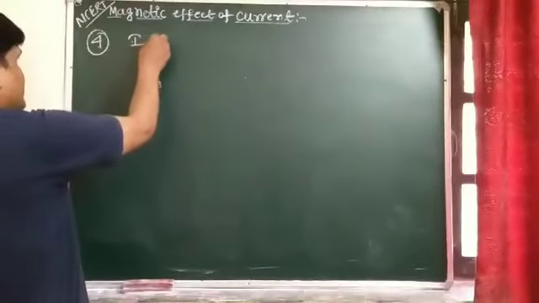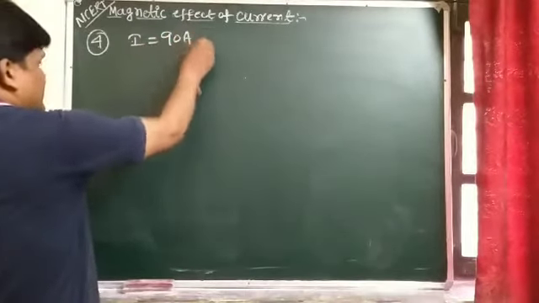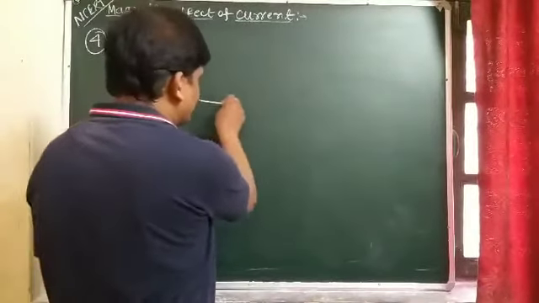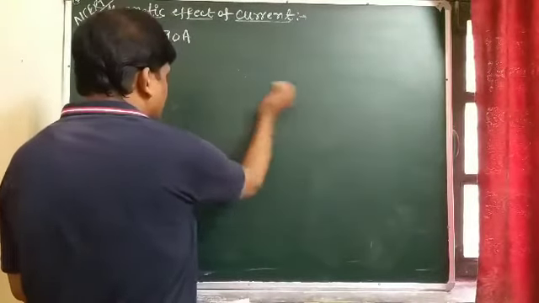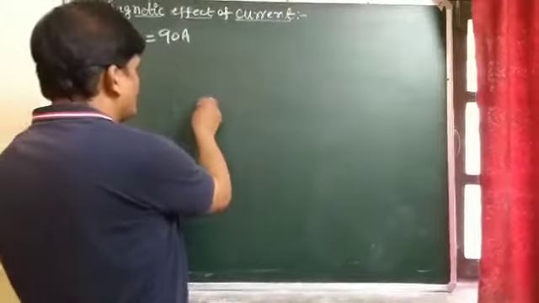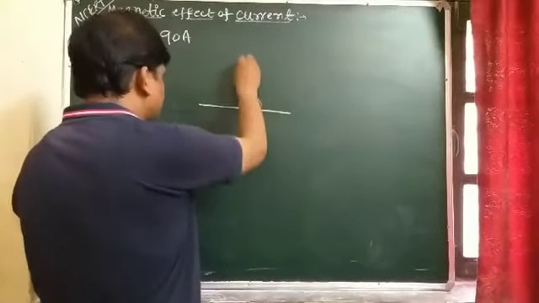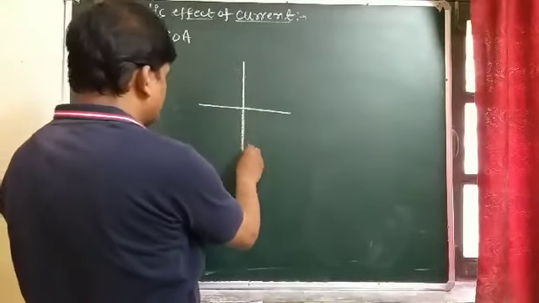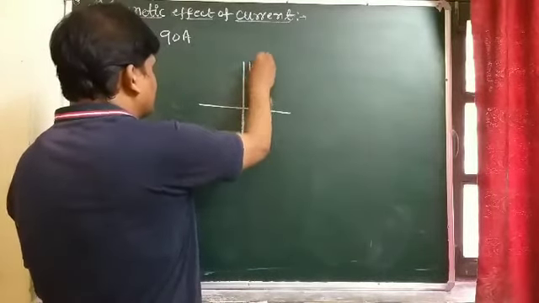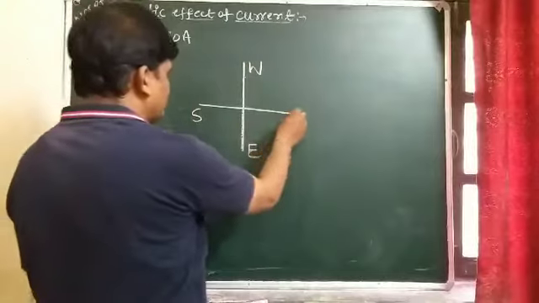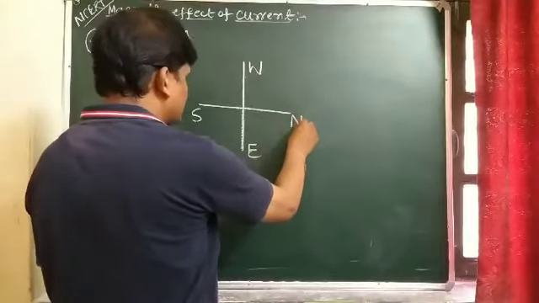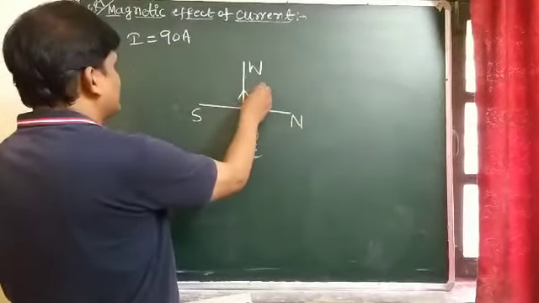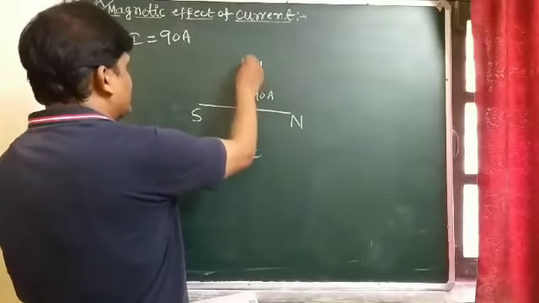I is 90 ampere, east to west direction. Suppose that this is east, and this is west, this is south, and this is north, and current is flowing 90 ampere from east to west.